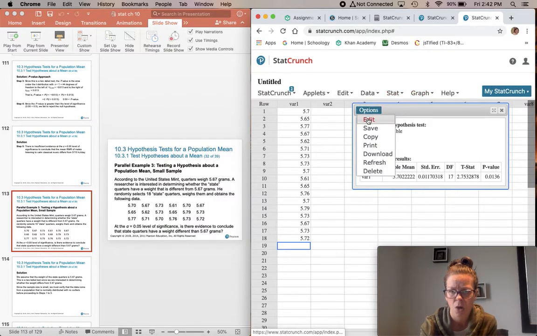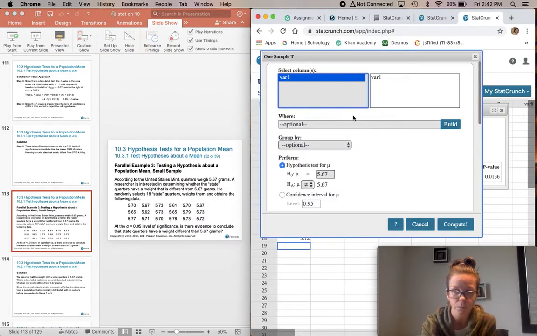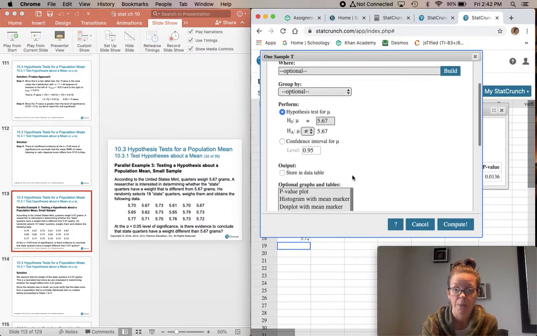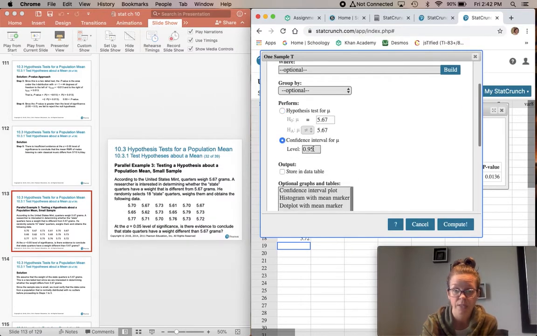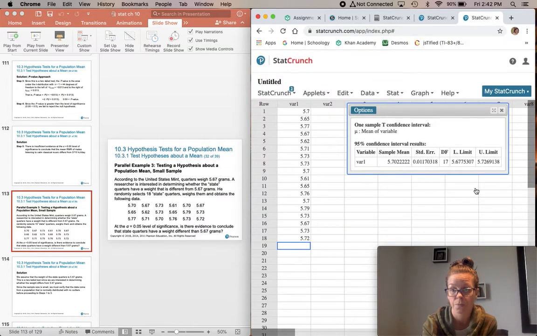Another way to think about this problem is to think about a confidence interval. So I'm just going to go back in here, and instead of choosing the hypothesis test, I'm going to choose the confidence interval. Because we have a 0.05 level, I'm going to leave this at a 95% confidence interval, and I'm going to compute. So here's our confidence interval, 5.68, we'll say, to 5.73.